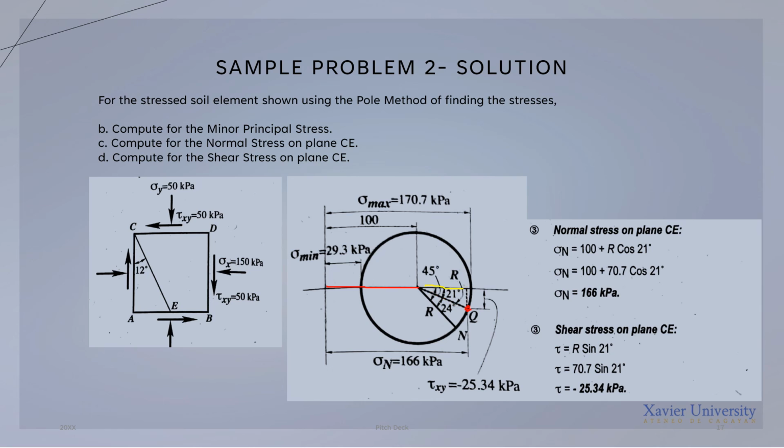Okay. So, the last one being asked is the shear stress on plane CE. So, ang shear stress is just the y, no, or the ordinate of our point Q here, no? So, meaning this one. No, it is the distance from the x-axis na mo natong ordinate, or a movement along the y-axis.